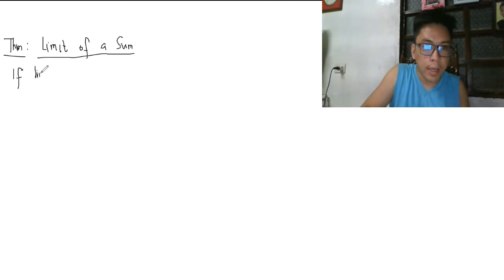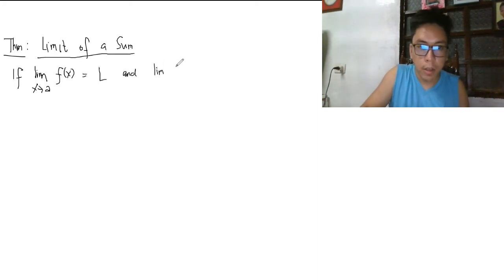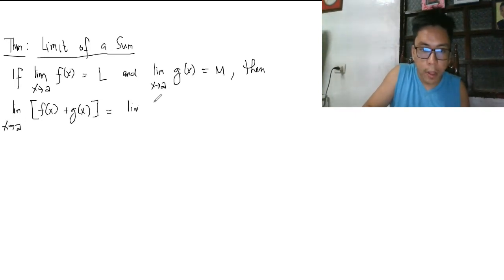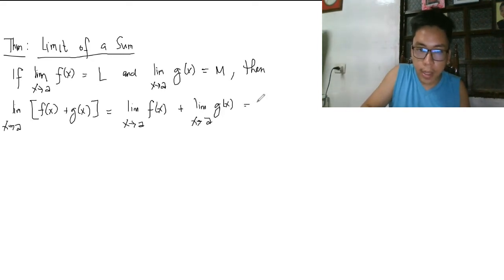It says here that if the limit of f of x as x approaches a is, let's say, L, and the limit of g of x, so you have another function g of x, as x approaches a is m, then the limit of the sum f of x plus g of x as x approaches a is the same as the limit of f of x as x approaches a plus the limit of g of x as x approaches a, and that's L plus m.